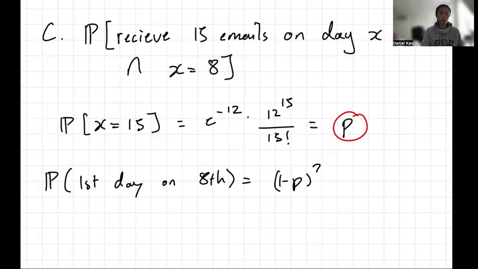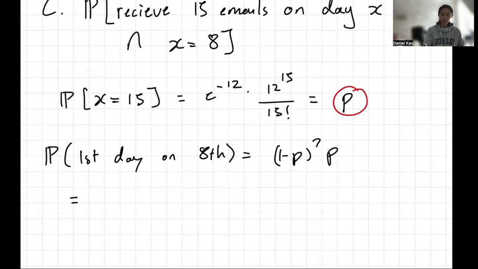And on the 8th day, we should have succeeded in getting 15 emails, so times p. And that is indeed the answer. Once we plug in this expression right here, we get the answer of 0.0427.